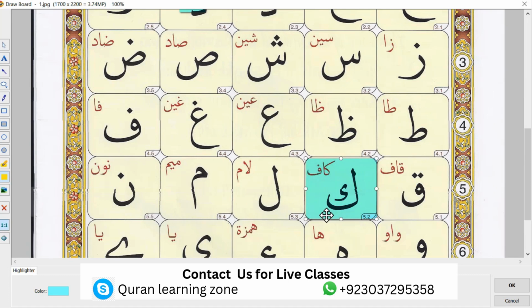The next one is here, kaf. These two letters have a similar sound, but the first letter is a heavy letter. You can see here, two dots on the top, and this one is qaf. This letter you read in a heavy sound, every time, everywhere.